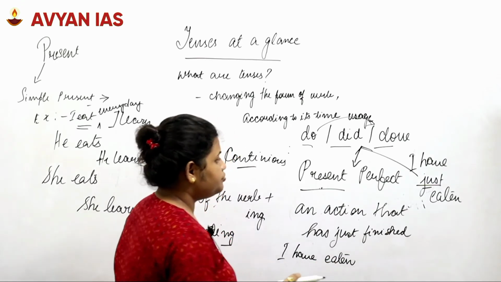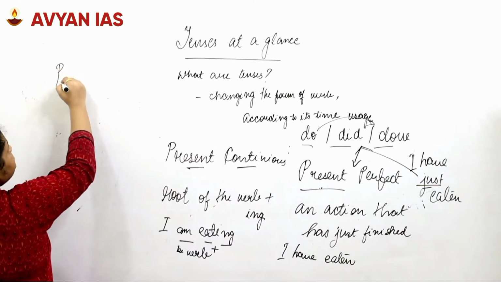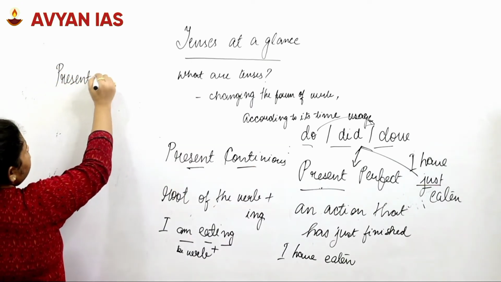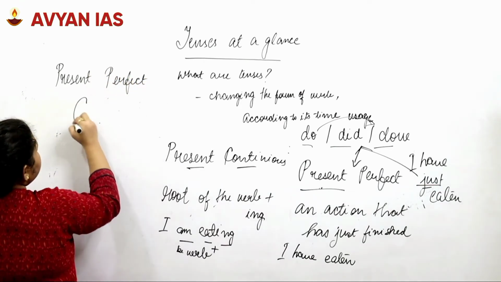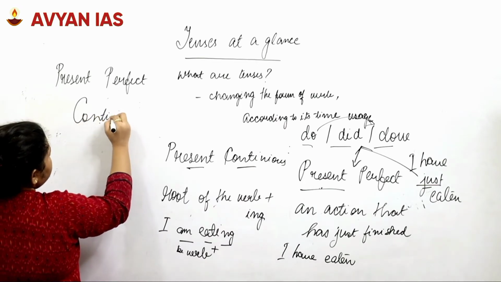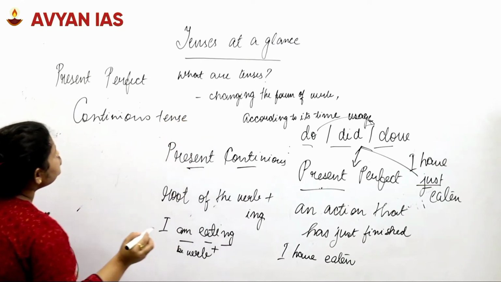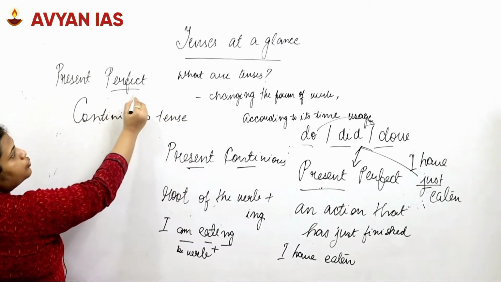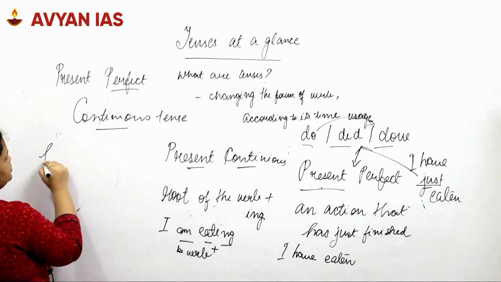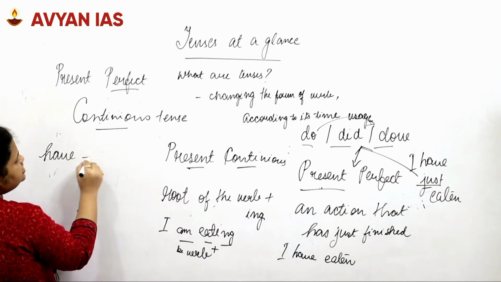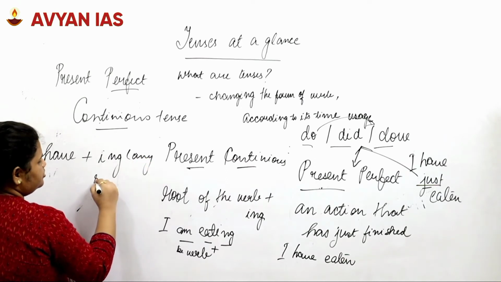The next comes is the present perfect continuous tense. So in this tense we will have both the perfect and the continuous. So for the perfect part we will use the have, and for the continuous part we will use the ing of any root verb.